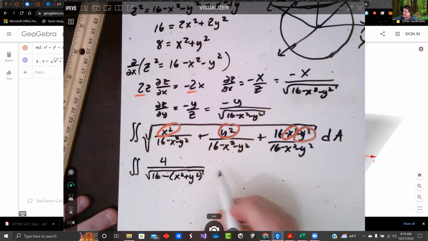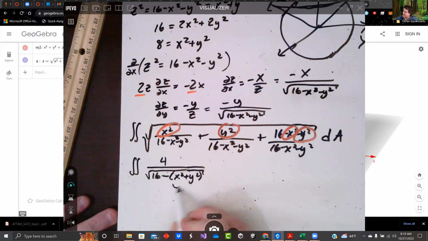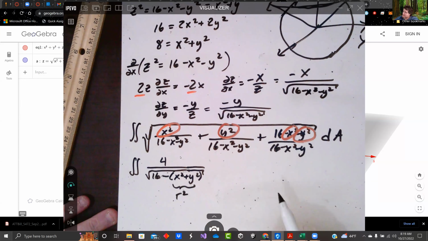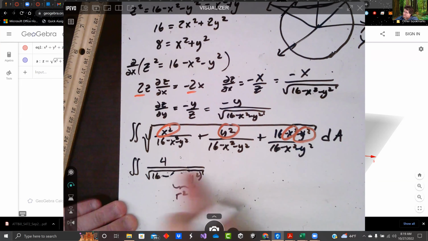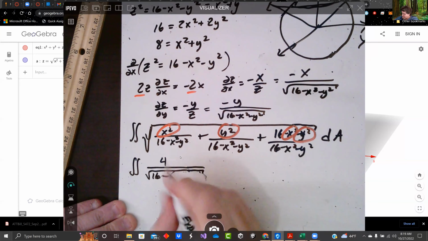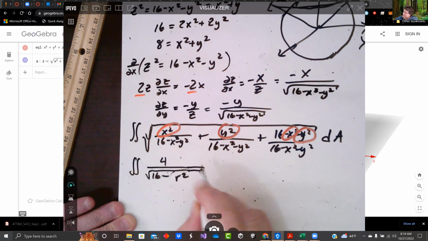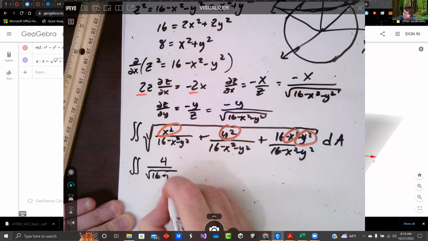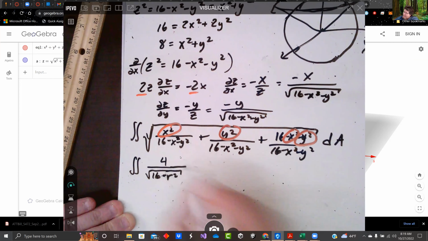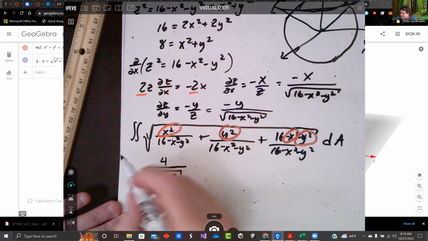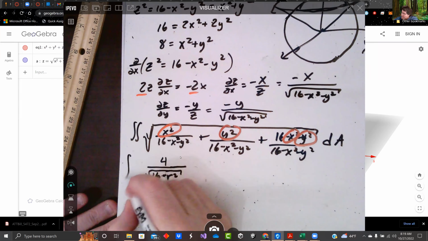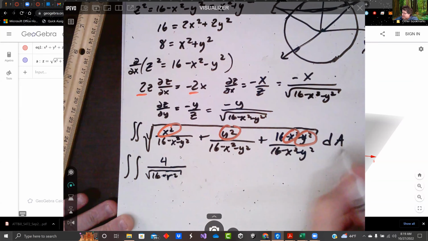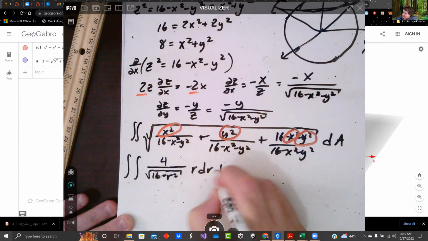So we have this as dA. I'm going to treat this as r squared. And so if I change this to r squared, I can shorten that a little bit. But now we're doing our integrals in terms of polar, so dA switches to r dr d theta.